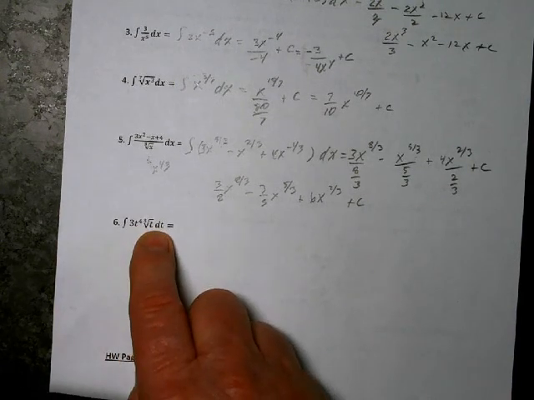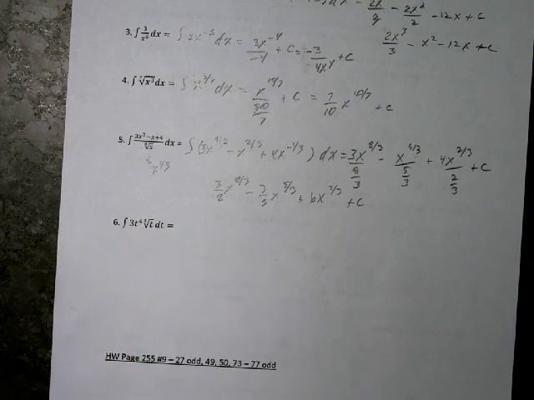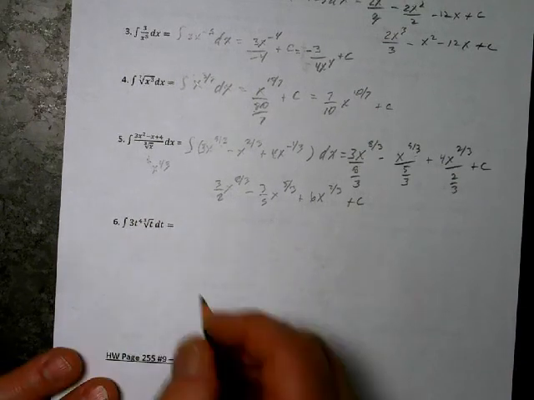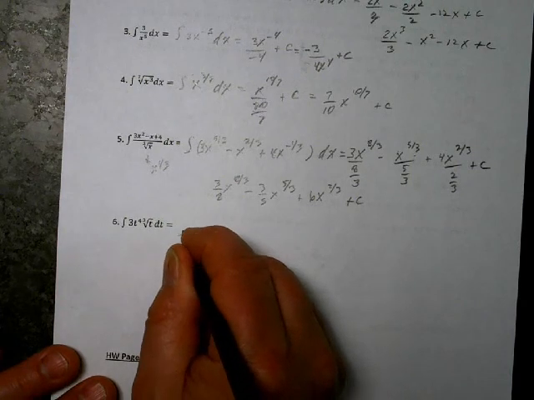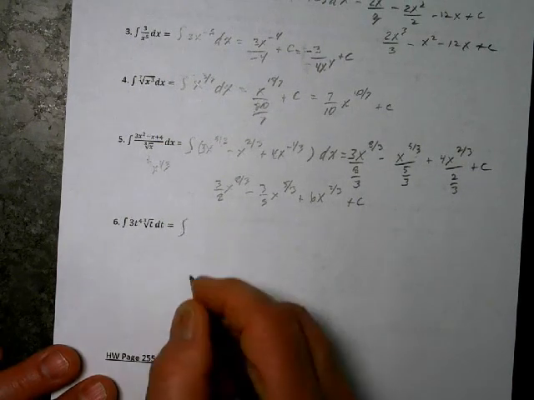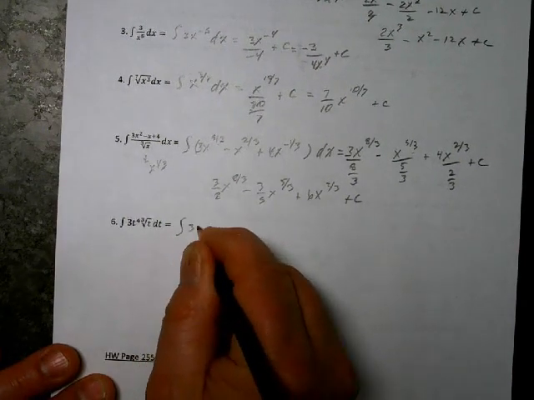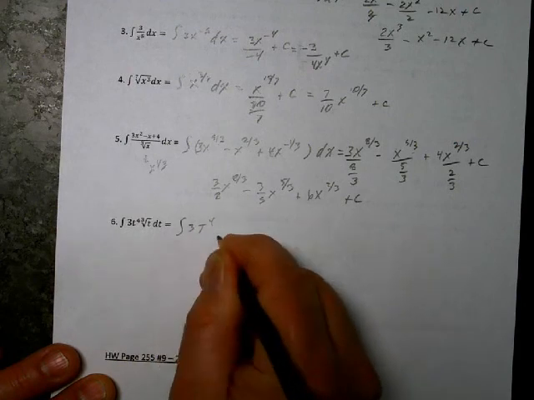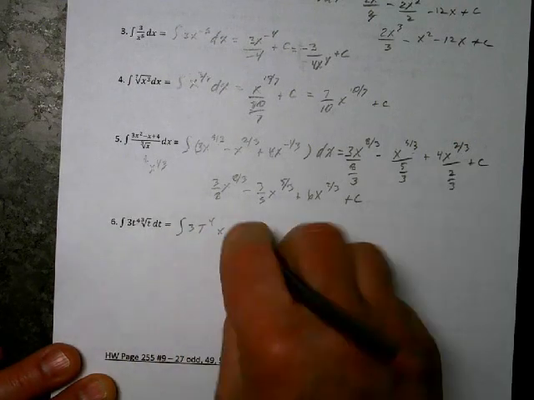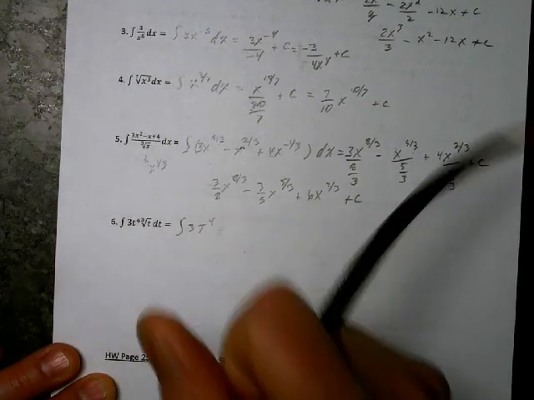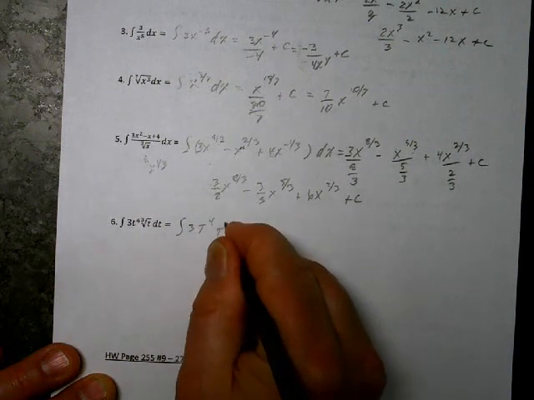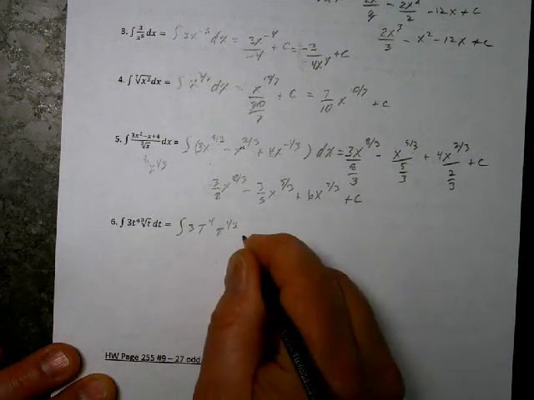And the last one. What I want to point out here is my variable is t, so I'm going to integrate it with respect to dt. So what this is going to equal is 3t to the fourth times t to the 1/3.